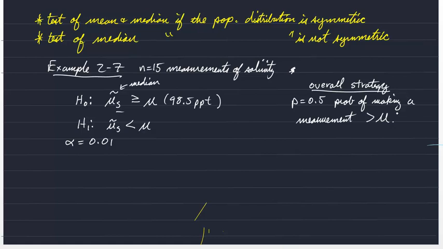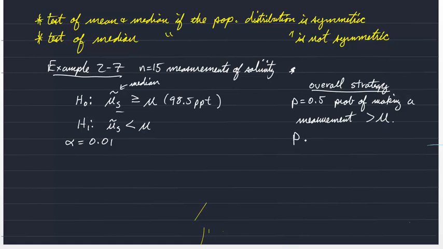And so what we're going to do is calculate the probability that out of n samples or n measurements or n tries, what's the probability of r of them being greater than mu. And that will have a binomial distribution.